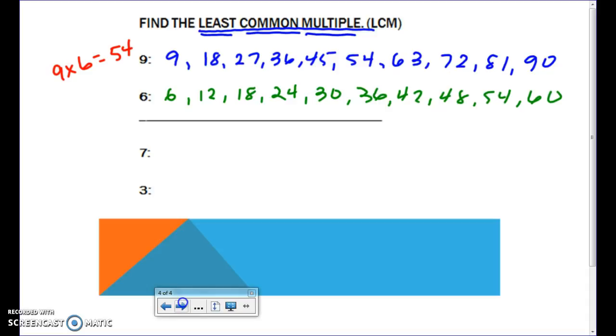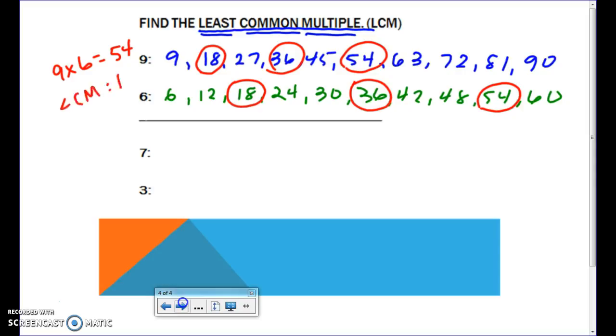However, although it is a common multiple, it's not the least common multiple. That L makes a big difference. In this case, 36 is smaller than 54, and even smaller than that would be 18. So in this case, the LCM would be 18, not 54. So it's not just a multiplication problem.